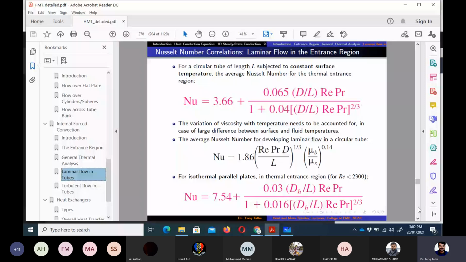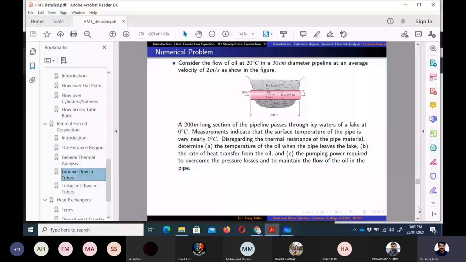Okay, ji. So now there is a numerical problem. Consider the flow of oil at 20 degrees centigrade. So it means that if you see the figures here, the inlet mean temperature of the oil is 20 degrees in a 30 centimeter diameter pipe which is passing through an ice lake.